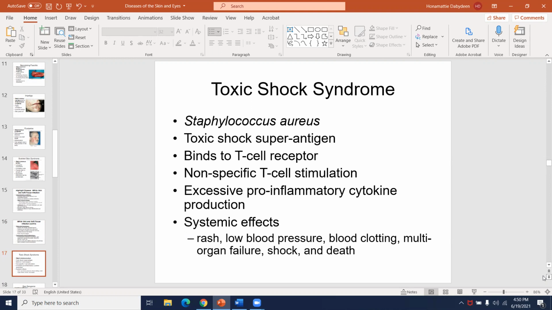Lots of cytokines and chemokines, and persons will end up with fever and nausea and diarrhea and vomiting, and it's not something that's specific. A lot of these super antigens will do the same thing. So you need to be able to differentiate and do what they call differential diagnosis, so you know what you're dealing with and you're treating the right disease.